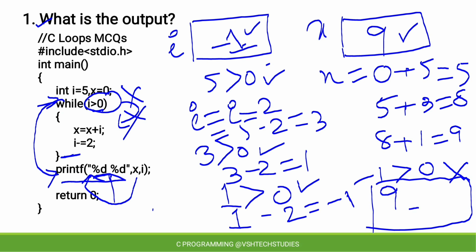So here a space will be left. Then the second %d is substituted by the second variable's value. So that is I. I is how much? -1. So after the space on the monitor, -1 is printed. So this is what is going to be the output of this program.